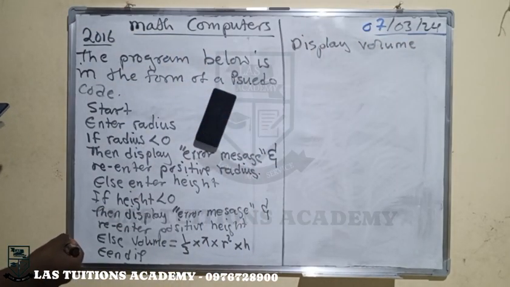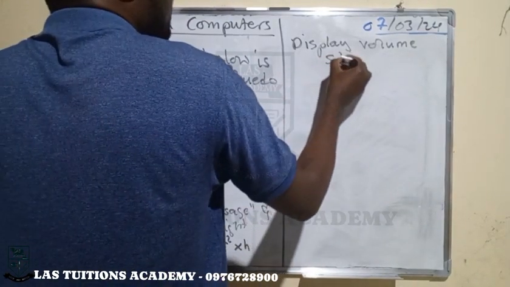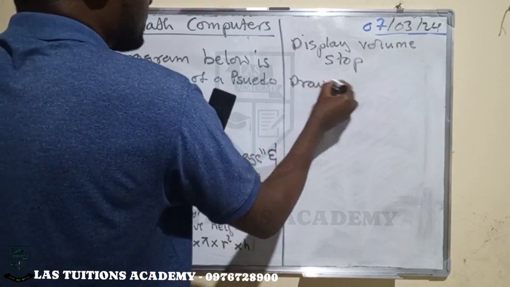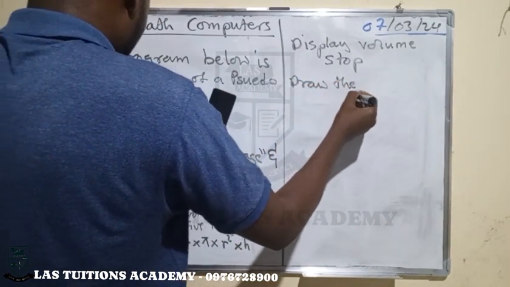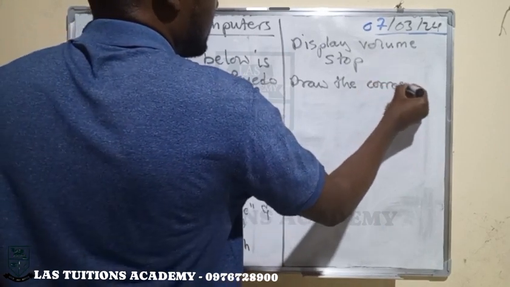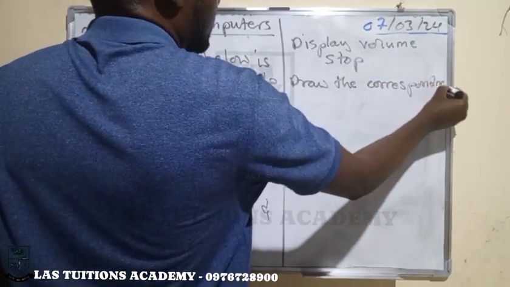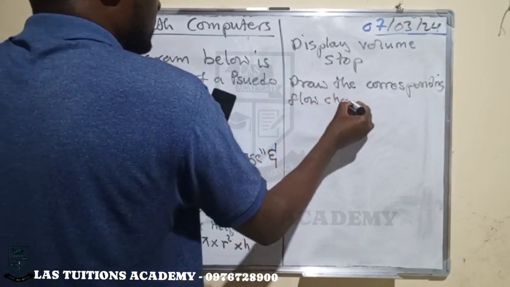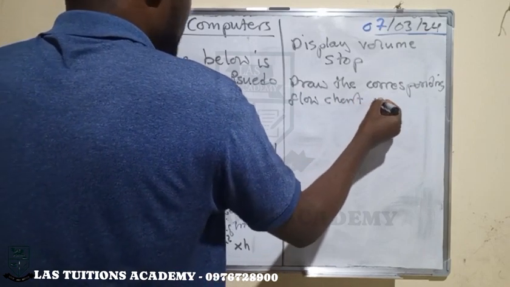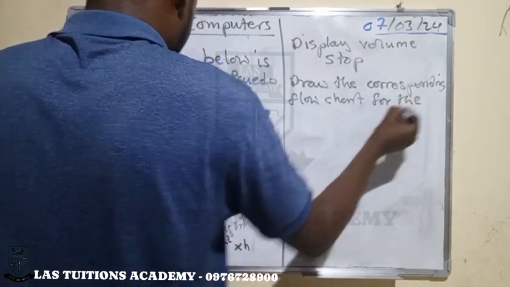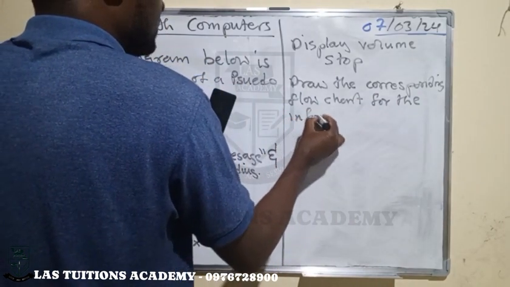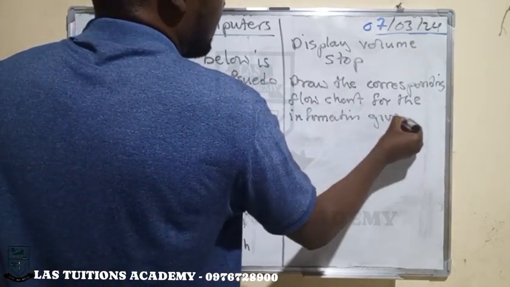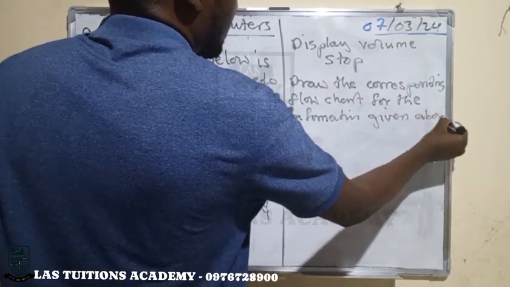And then from there says stop. Okay, then now the question says draw the corresponding flow chart for the information given above.